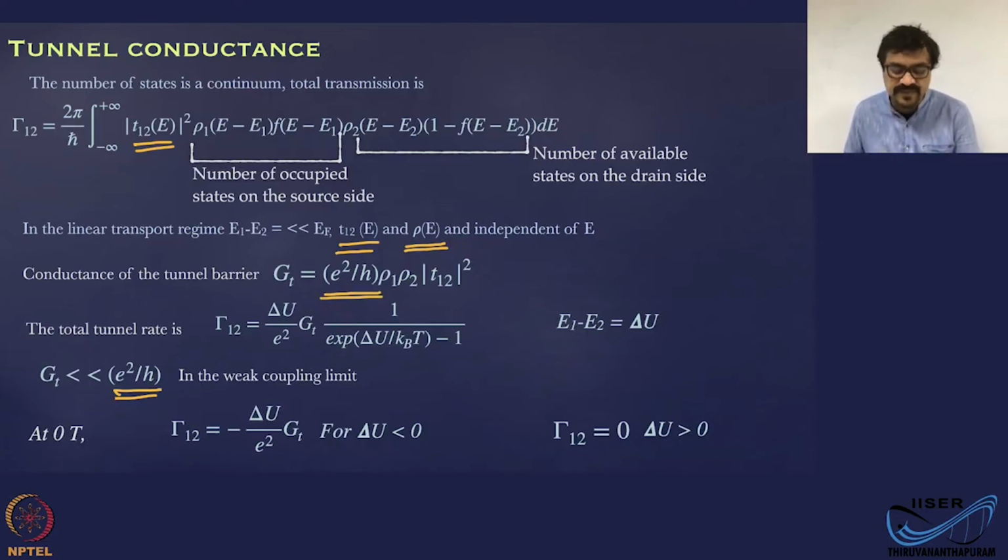Okay. So if GT is close to e squared by h, then they are the same state, because one channel is connected by one transport channel. e squared by h corresponds to the conductance of one transport channel, right? To apply this formalism, you need GT to be far less than e squared by h.